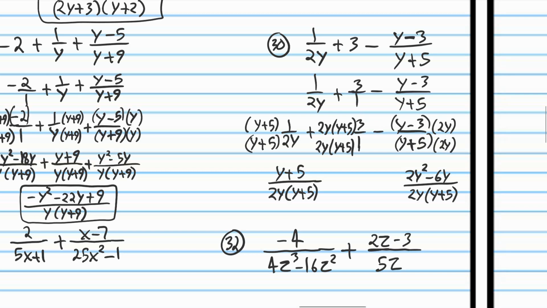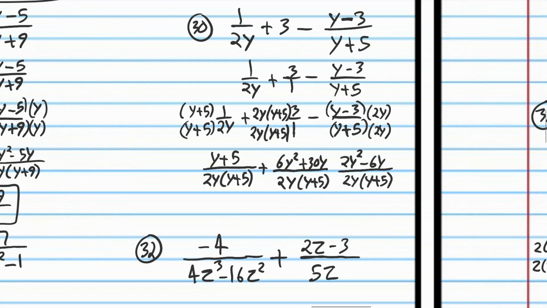That would become 6y. We're running out of room, so I'm going to go ahead and multiply 6y times y plus 5. So that would be 6y squared and 30y. And 2y times y plus 5 times 1 would just be 2y times y plus 5.